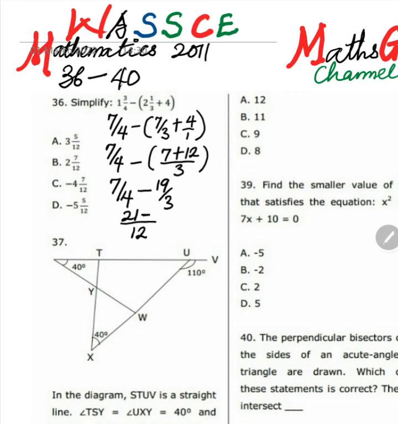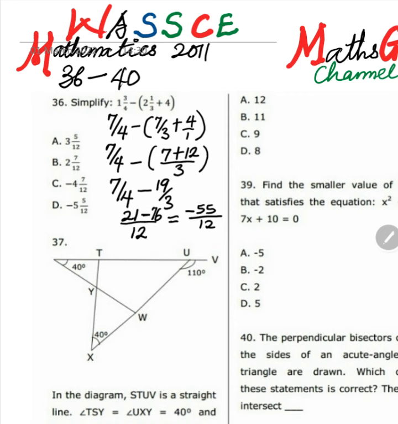We have the subtraction sign. 12 divided by 3 is equal to 4. And 4 times 19 is equal to 76. And when we do the subtraction there, we're going to have 21 minus 76, which is going to be minus 55/12.